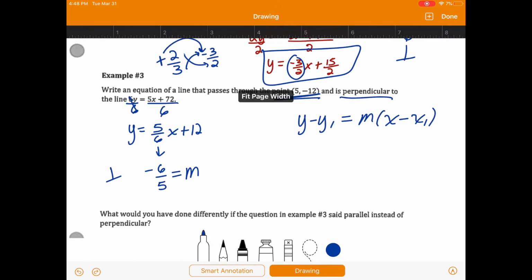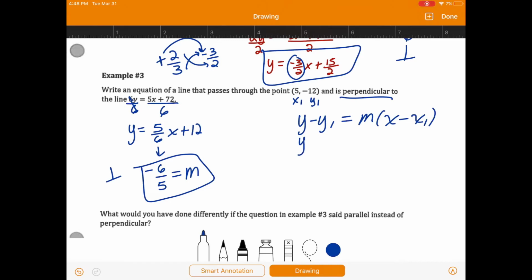Now the other things that we need for that equation is going to be y1 and x1. And that's going to come from the point that we had before. So 5 is x1, negative 12 is y1, and the slope is negative 6 over 5. And we're going to plug that all into this equation.